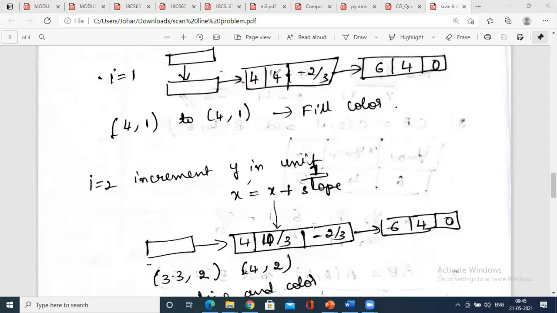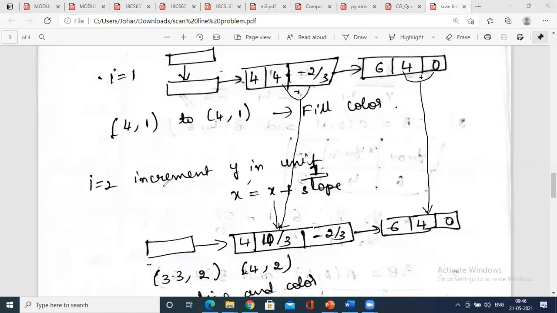So x plus 1 by m is 4 plus minus 2 by 3, that will be 10 by 3. Similarly here, 4 plus 0, so we have to add 4 plus 2 by 3. So this will be added here at I equals 2. We are adding the slope to the previous x value. So that gives 10 by 3, 6.